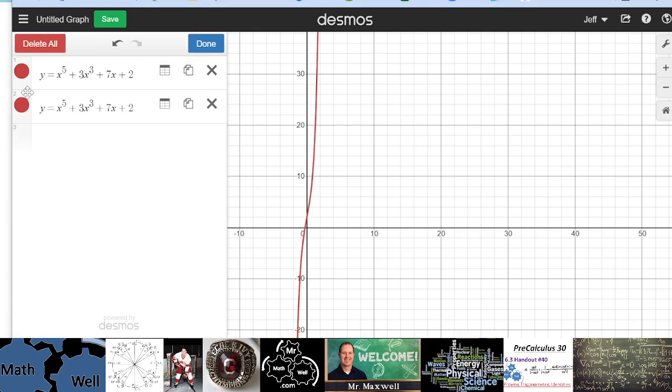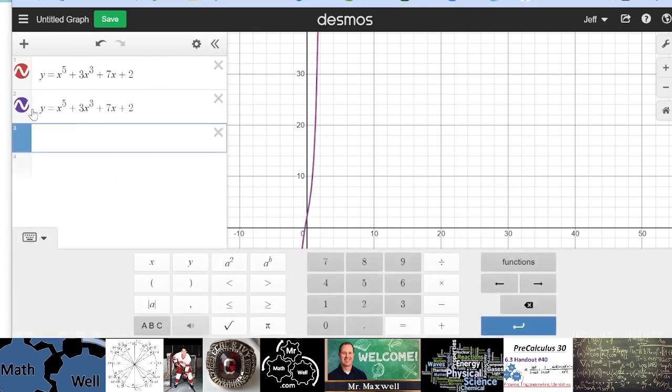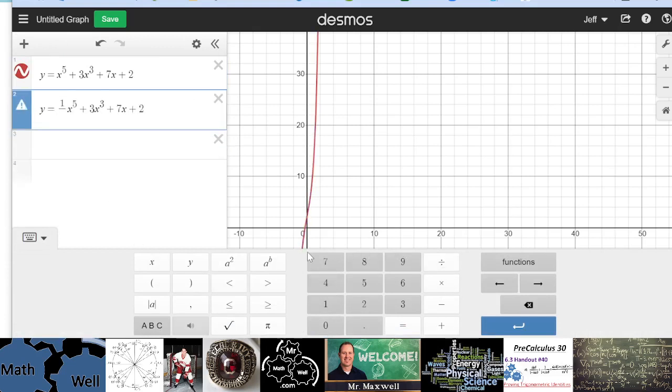So what I'm going to do is show you this inverse. Let's duplicate this and change that color to something different.